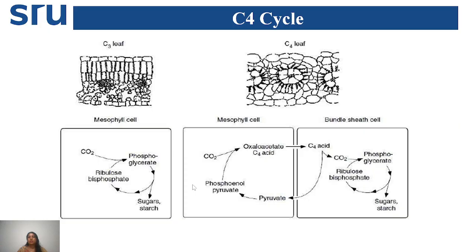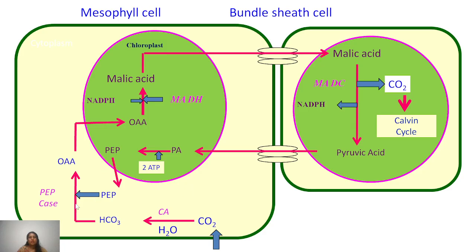But in C4, the regeneration of Rubisco needs extra ATP. So 3 ATP and 2 NADPH are required in the bundle sheath cells. After this, the Rubisco enzyme regenerates in the bundle sheath cells, but the PEP carboxylase regenerates in the mesophyll cells. For this regeneration of PEP, we again need ATP.